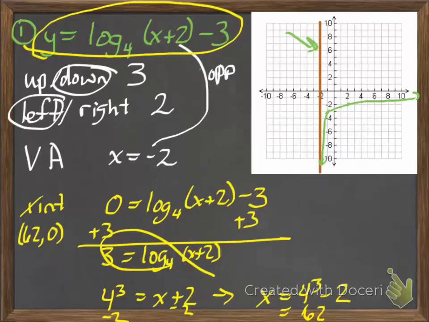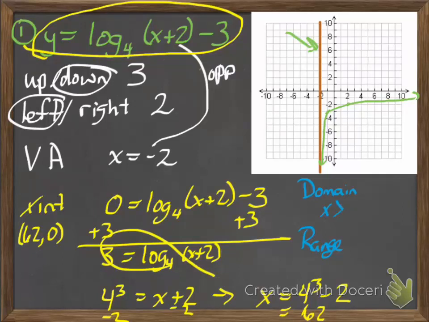So the last thing that we're going to do, before we go on to the next problem, is identify a domain and range. So domain, am I going to go through all my x's? No. Am I going to be greater than or less than a certain value?